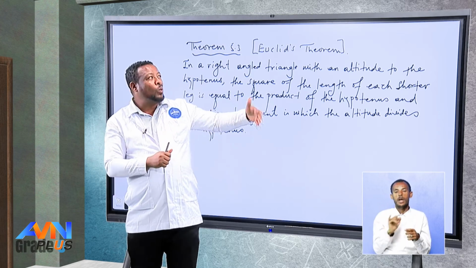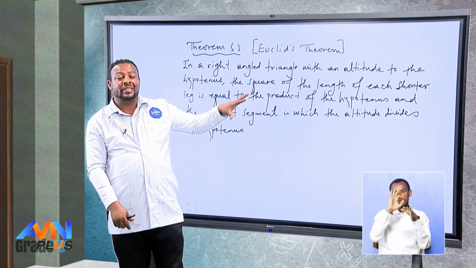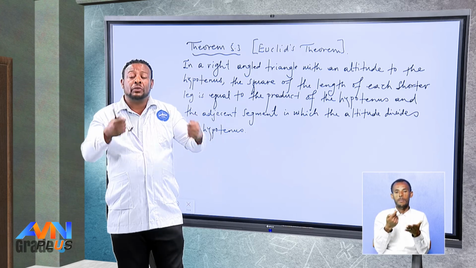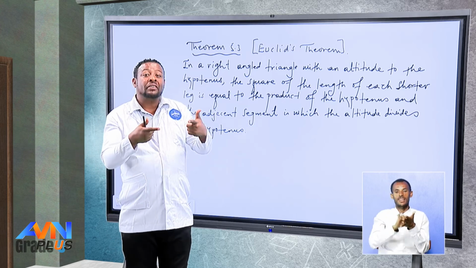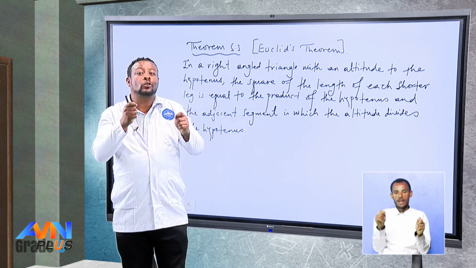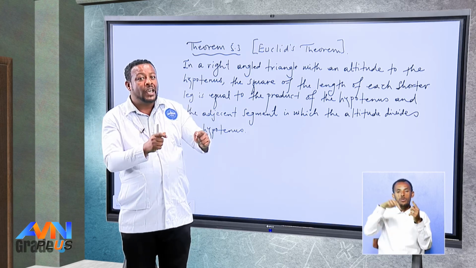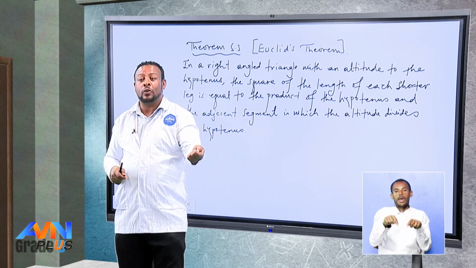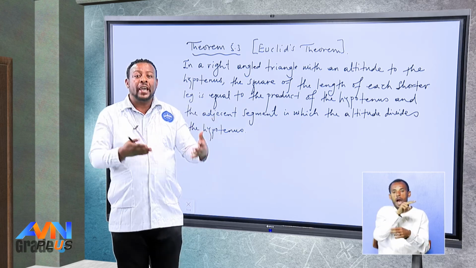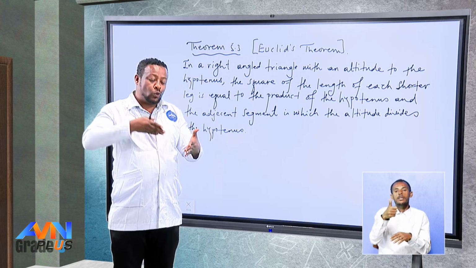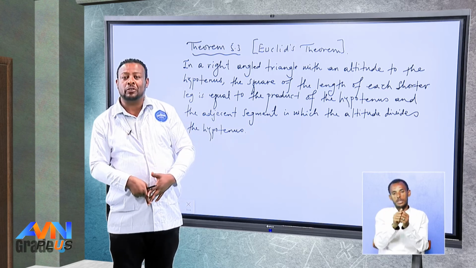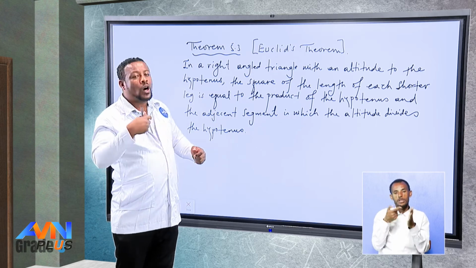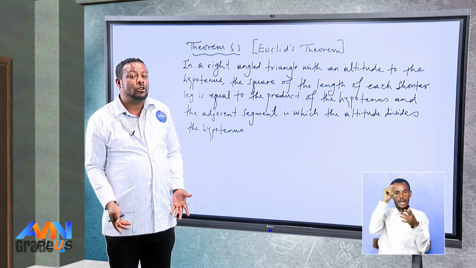Then the square of the length of each shorter leg is the product of the hypotenuse and the adjacent segment into which the altitude divides the hypotenuse. Don't worry, I will show you how this theorem looks geometrically.